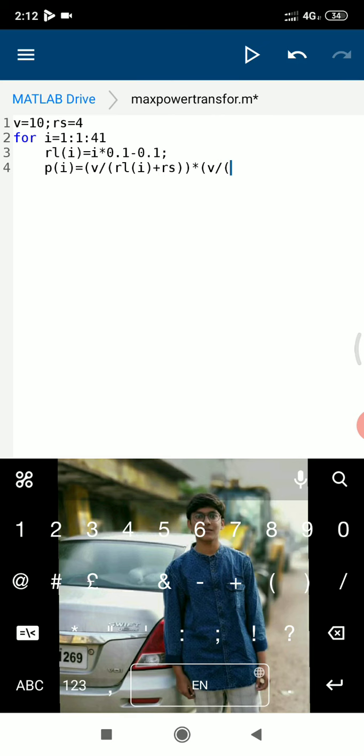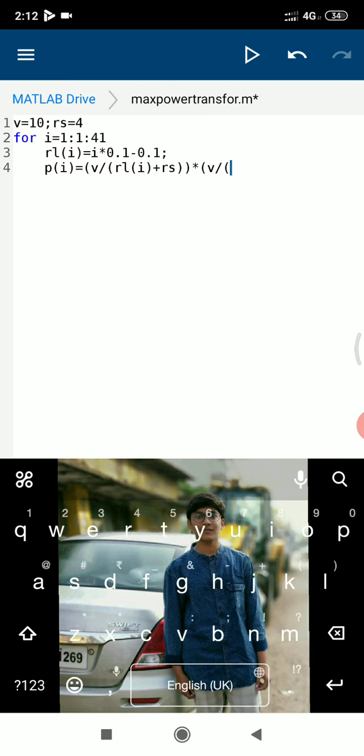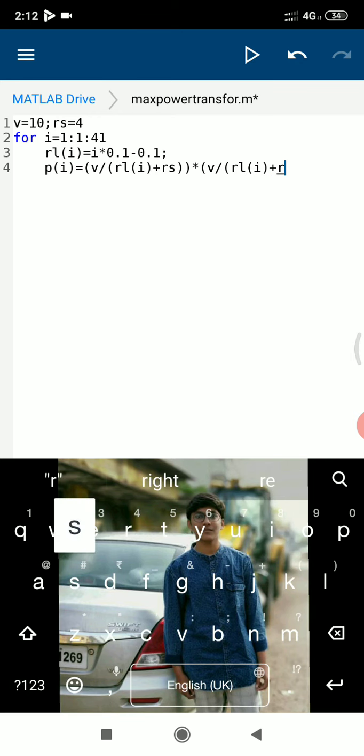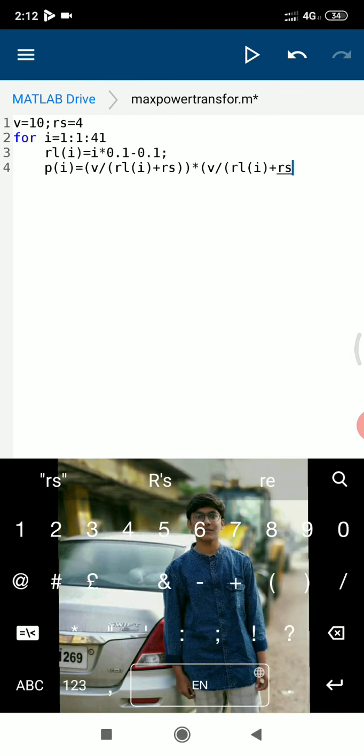two types of resistance are added, that are load resistance and source resistance: open the bracket, RL of i plus source resistance Rs, and close the bracket 2 times, and we are multiplying R also.